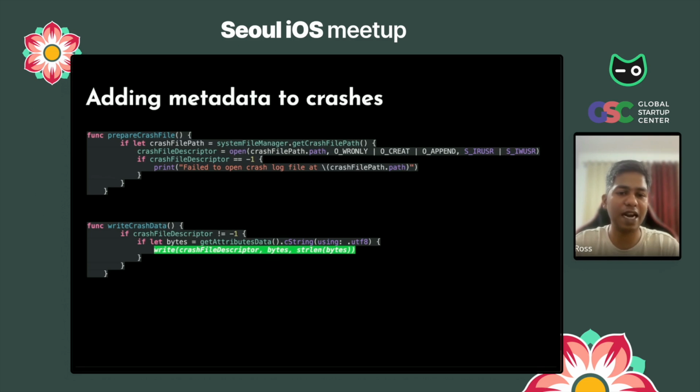And then we use the write API to essentially write all of this data into the particular file that we have just opened when we launched our SDK. So this is how we use the crash reporter, its powers, and low-level system APIs to add some sort of metadata to our crashes.